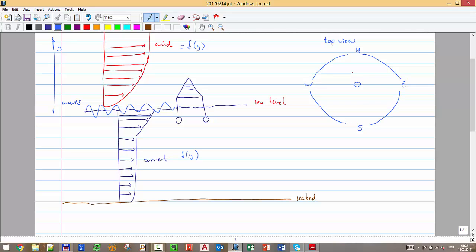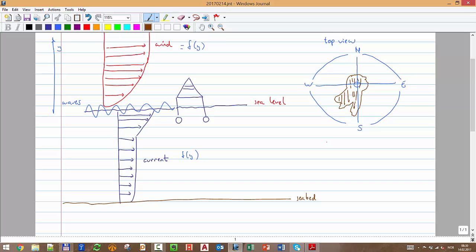Let's put the axes. Some loads come from the north, from the east, but maybe the majority is coming from the southwest, for that particular case. So keep that in mind.